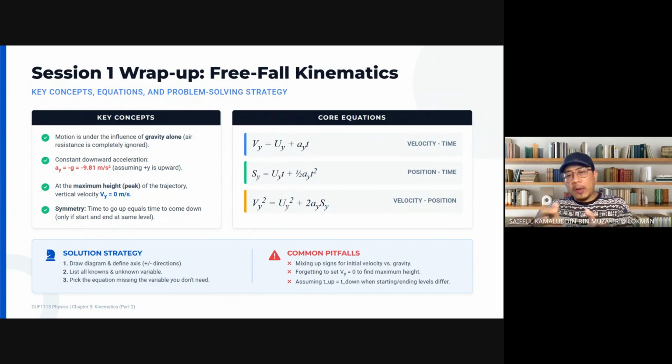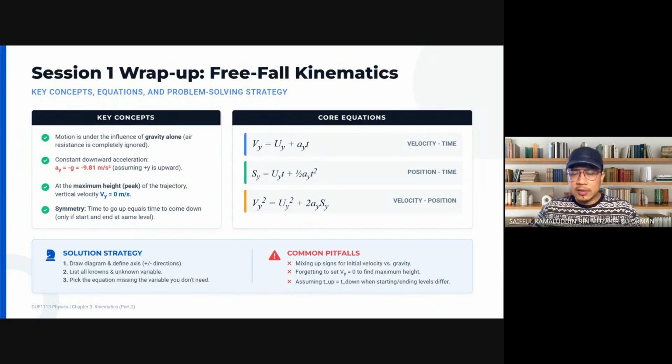And our Ay is actually downward. All right, Ay downward. So this will be our g, our gravitational acceleration. The value is negative 9.81 meter per second square. And for my formula, there will be no negative sign over here. All are positive. All are addition, no subtraction. I know that certain classes sometimes use plus, sometimes use minus. It's very confusing. People don't know when to use plus or minus.